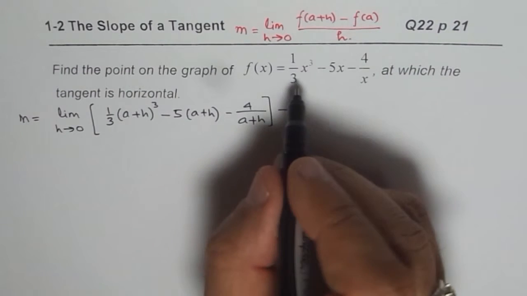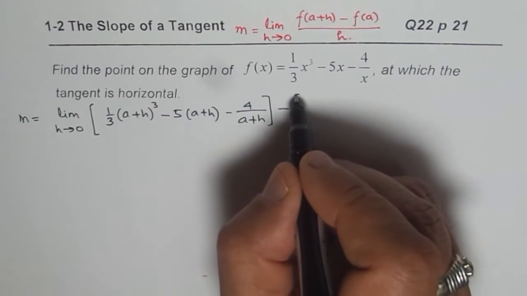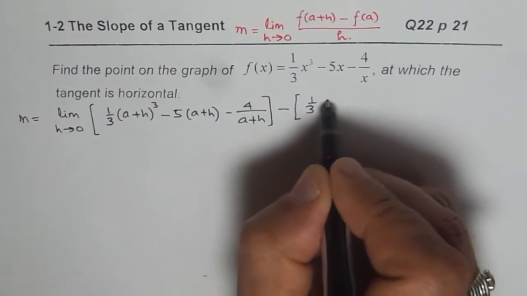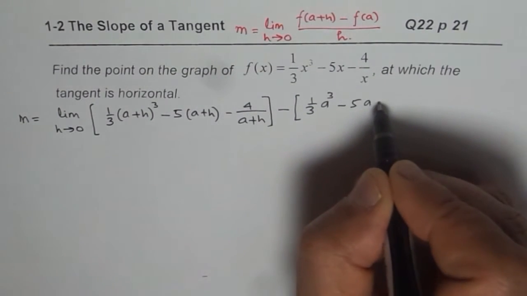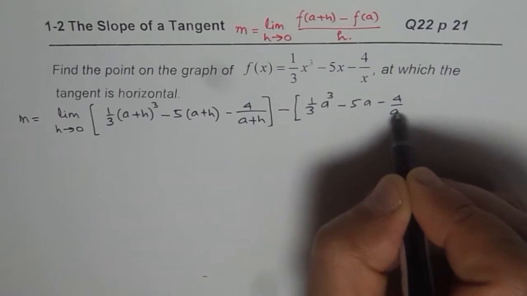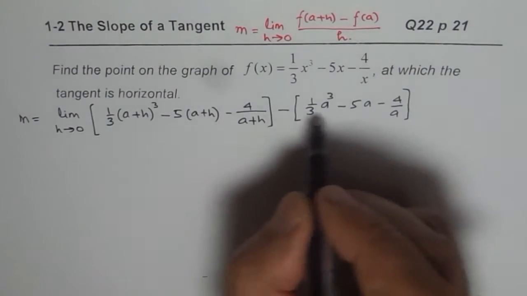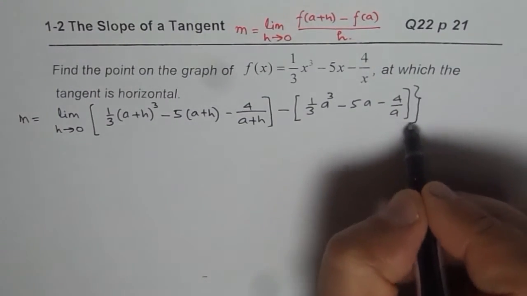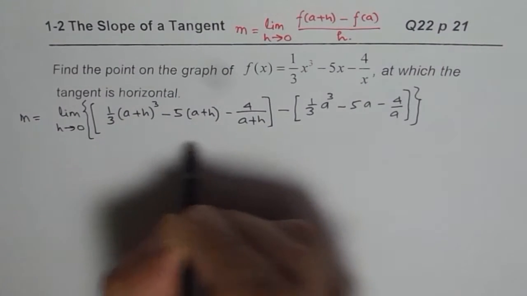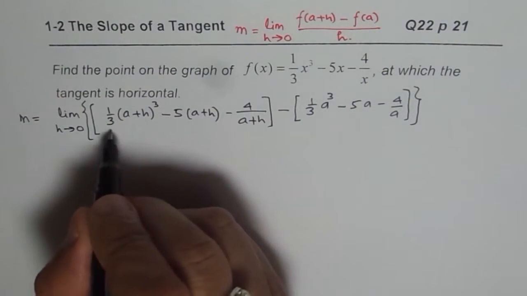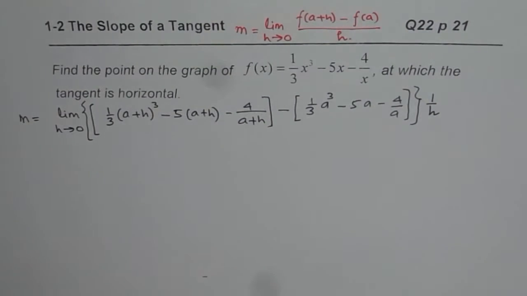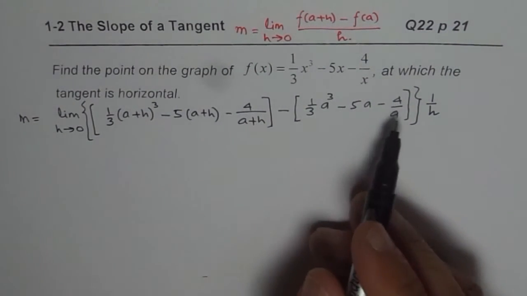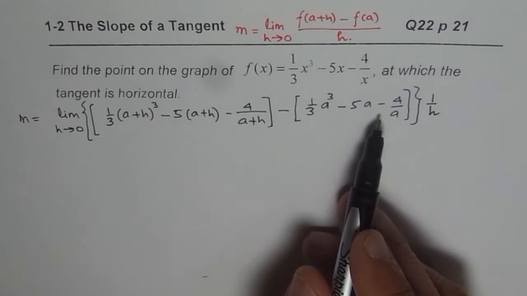Minus f of a means we'll replace x with a, and that is 1 over 3a cube minus 5a minus 4 over a. Now all this is to be divided by h, so I'm writing 1 over h. Does it make sense to you? That is how we get our difference quotient equation.